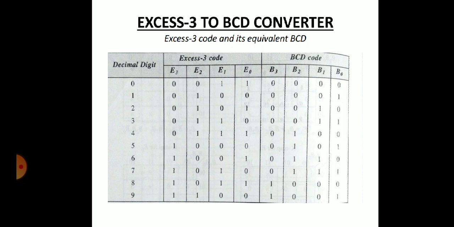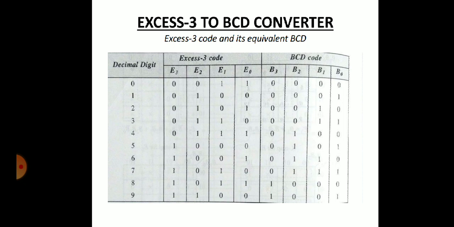Again I repeat, first look at the XS3 code, subtract 3 from its equivalent decimal number. First one is 0011, so its equivalent value is 3. 3 minus 3, that is 0, and the BCD code representation of 0 is 0000.